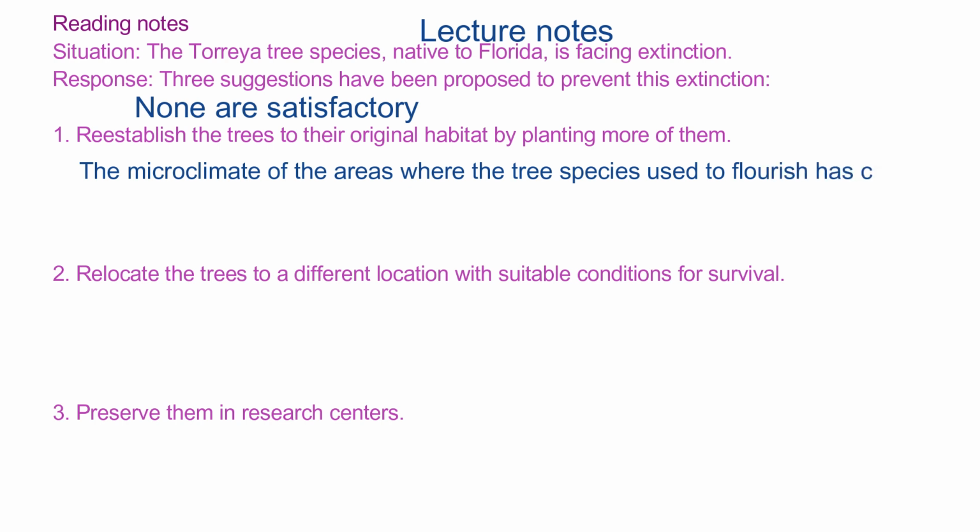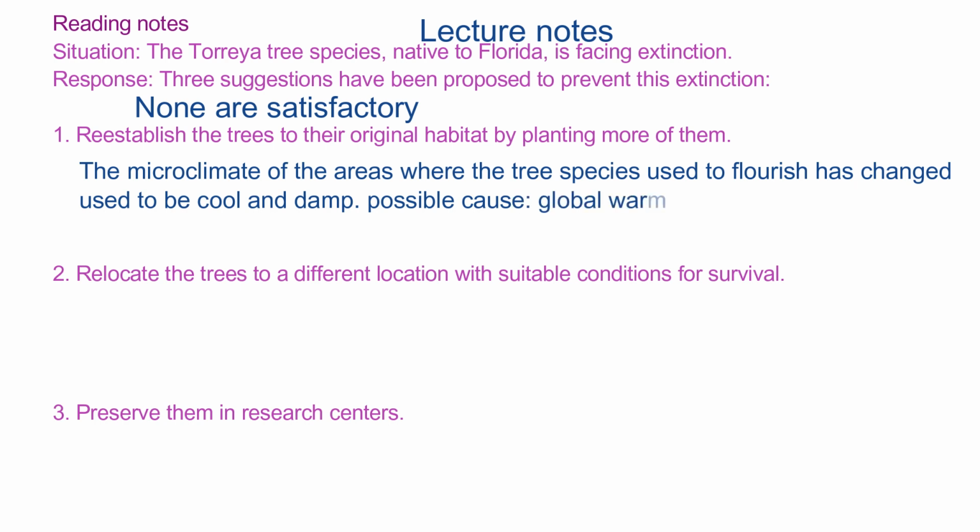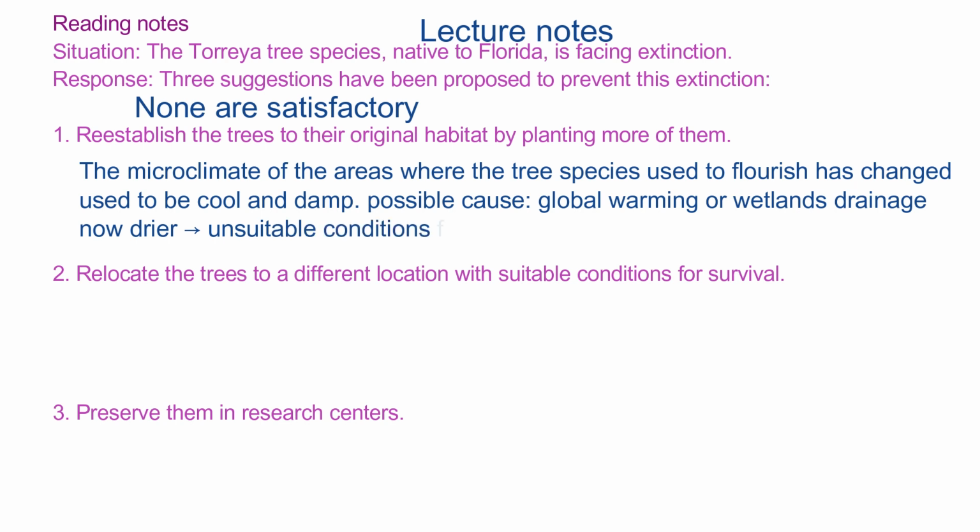This could be because global warming has contributed to an increase in overall temperatures in the region, or because wetlands throughout Florida have been drained. Either way, many areas across the region are becoming drier, so it's unlikely that Torreya would have the conditions it needs to survive anywhere within its original Florida microclimate.